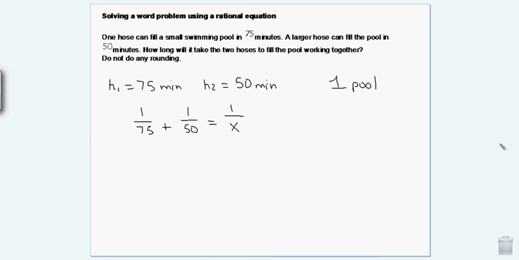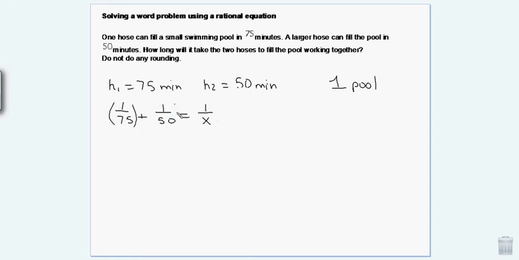Now to clear these fractions, I can multiply by the common denominator. The common denominator between 75 and 50 is 150. Sorry, that's not how we want to go. We're not clearing the fraction, we're just looking for our common denominator. So let me try that again. We have 1 over 75 plus 1 over 50 is equal to 1 over x.